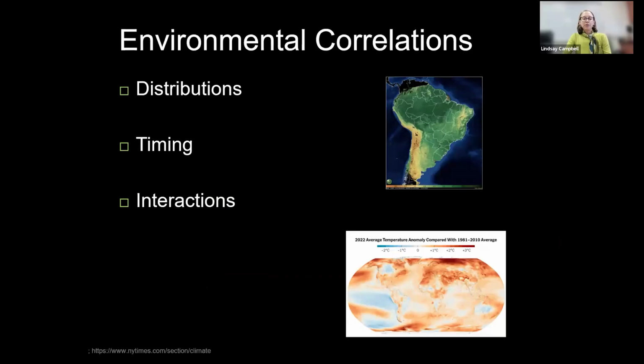So what we try to do is identify some environmental correlations and study the distributions, timing, or the interactions of either individual components or how these come together, in order to understand precursors or to be able to predict a little bit better where there could be elevated hazard for some of this virus activity.